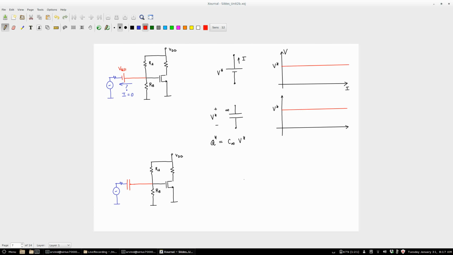Again, how large the capacitor needs to be will be determined by some other relative constants in this problem, correct? So we'll work out what is large later on. For now, let's assume it's a large capacitor.